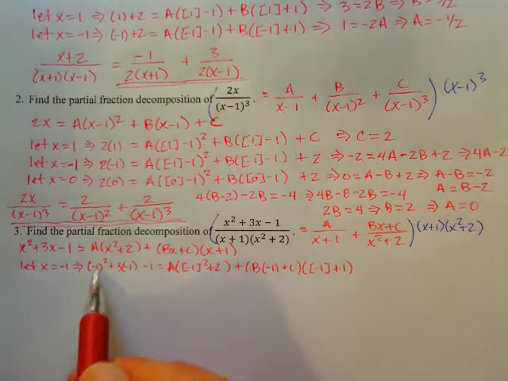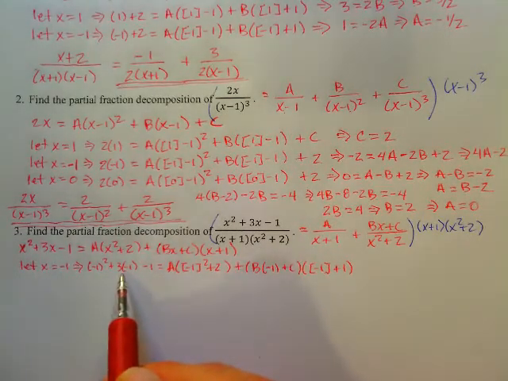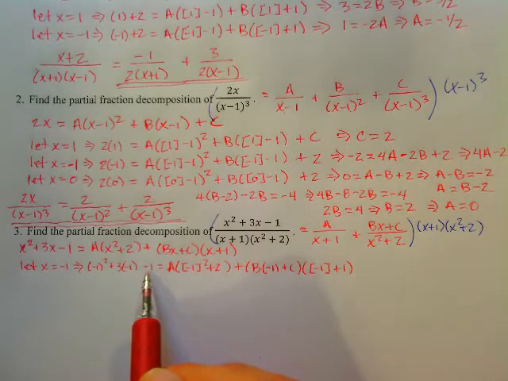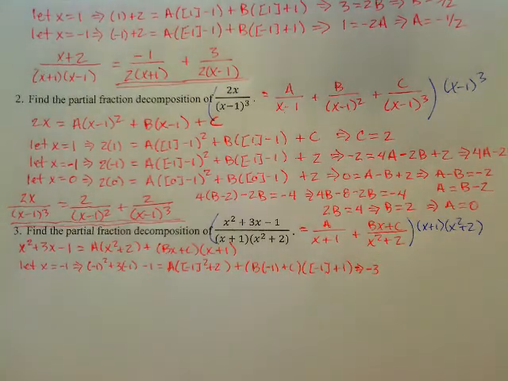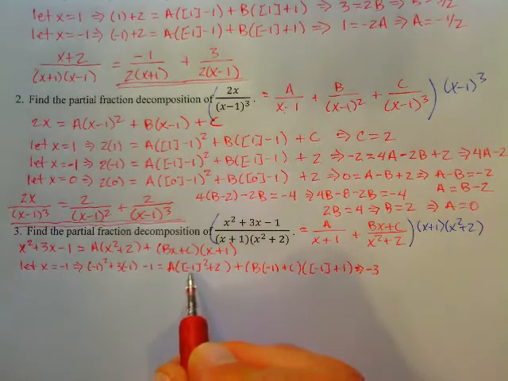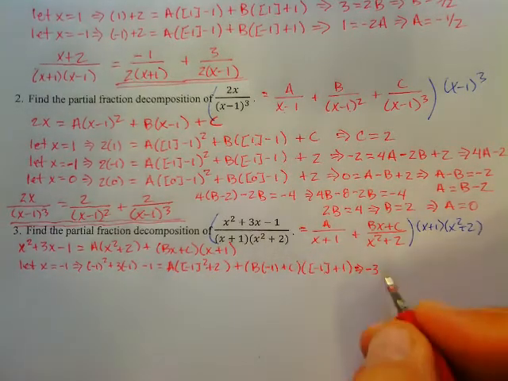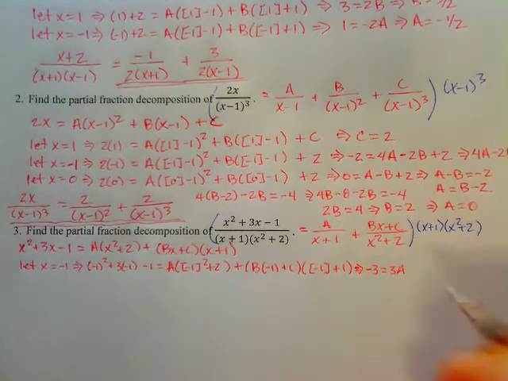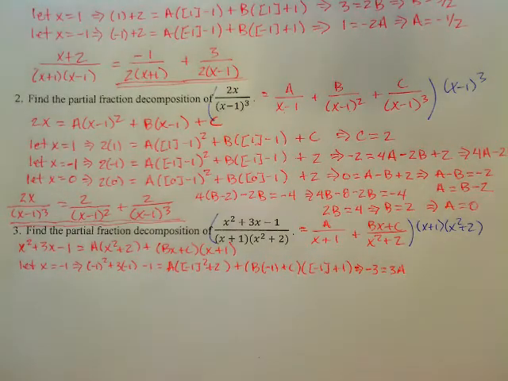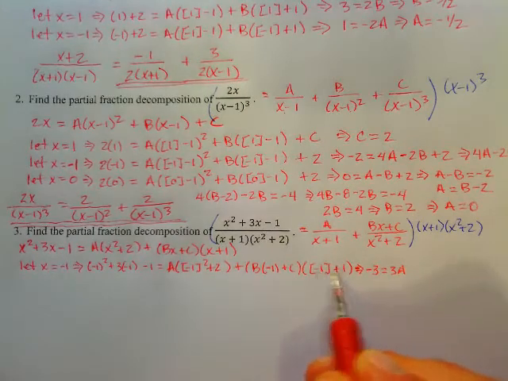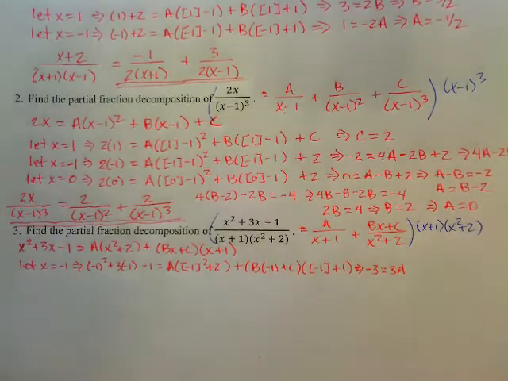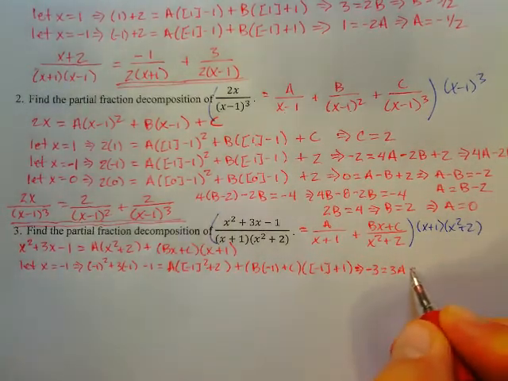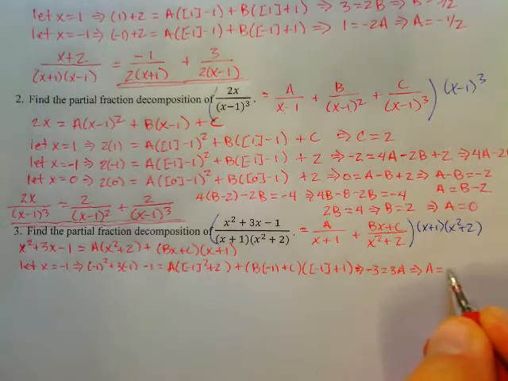Alright, so over here we're going to have 1, subtract 3, subtract another 1, so that's going to be -3. Then we're going to have here -1 squared, so that's 1, 1 plus 2, so that's 3a. And -1 plus 1 over here is going to give me 0, so that's going to wipe out this entire portion, so all we have is -3 equals 3a, and therefore a is -1.